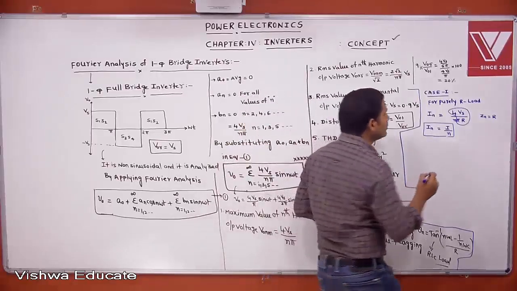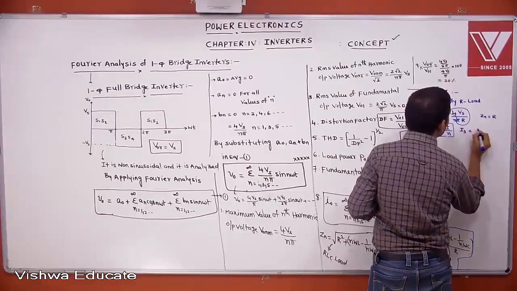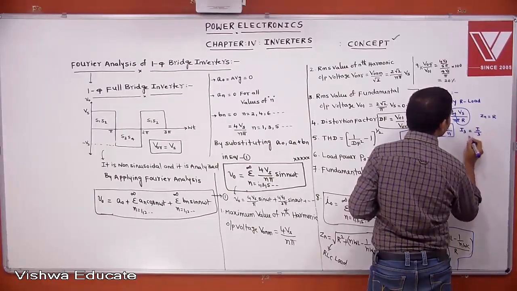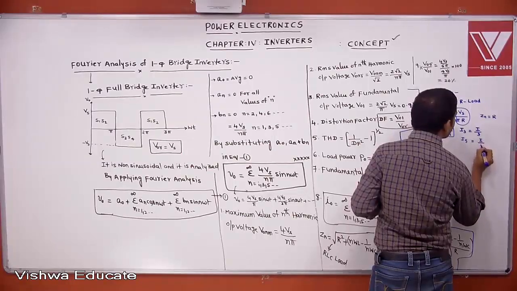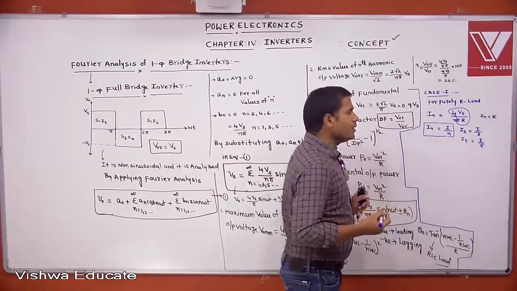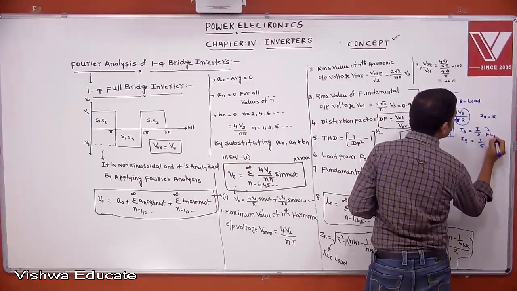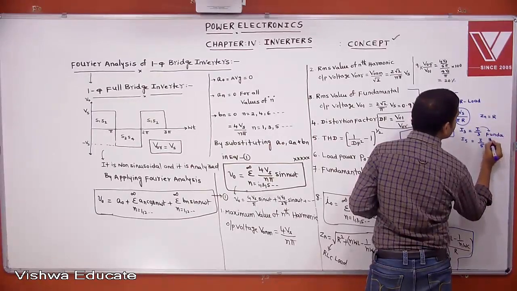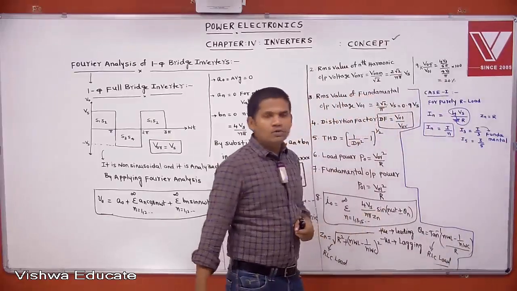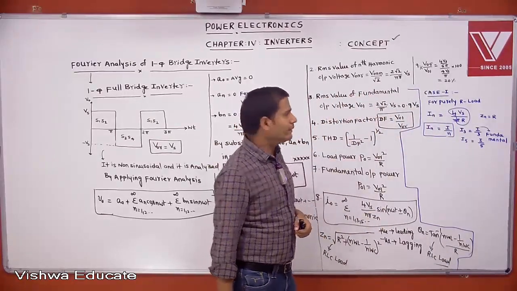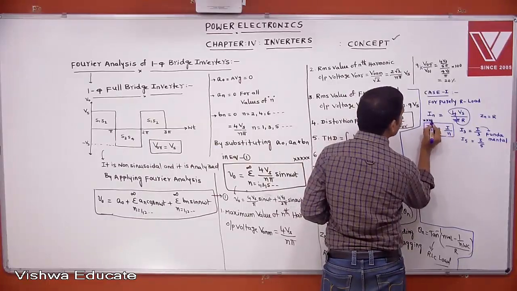For example, what is the third order harmonic current? I3 equals I by 3. What is the fifth order harmonic current? I by 5. Like this you remember. Then what is I here? This I is the fundamental current. That is case 1, a very important relation, for a purely resistive load.